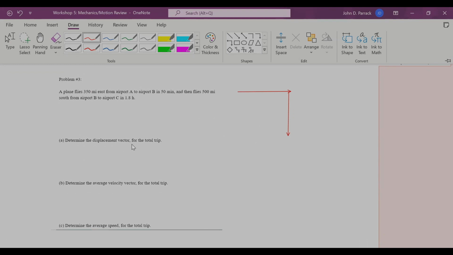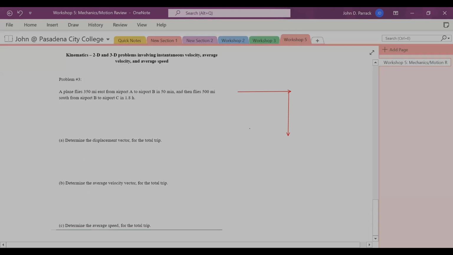Determine the displacement vector. Well, we're not going to think about any rates yet. That means come up with a vector that tells me how much the position of the plane has changed after the whole flight.